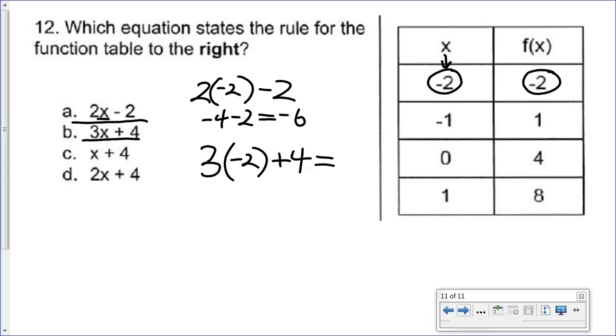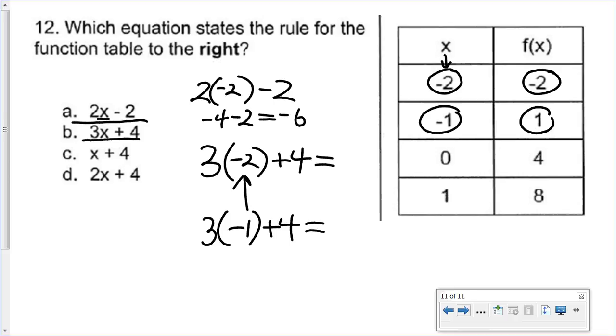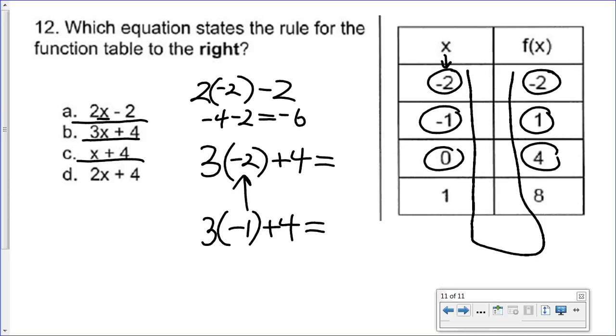Then we would plug in -1 for the x: -1 plus 4 equals something. If it equaled this 1, we would really be on to something. So you just plug these in and see what it equals, and if it equals the other number, then it is the rule that determines how these inputs give you these outputs.